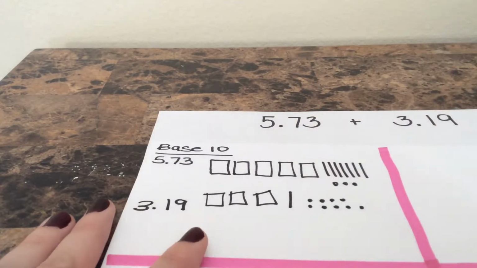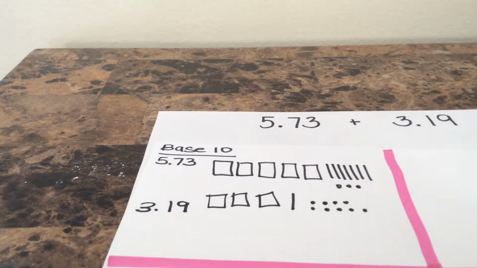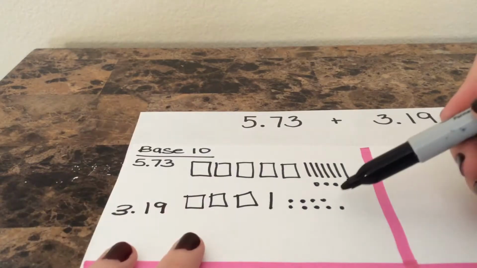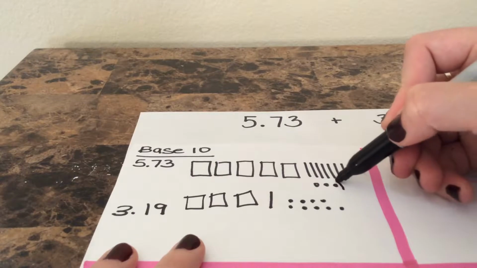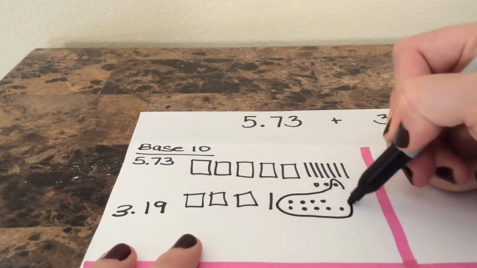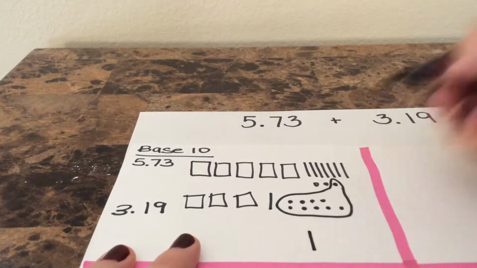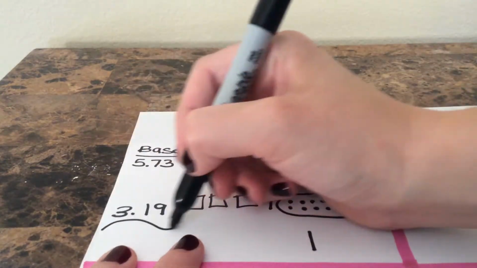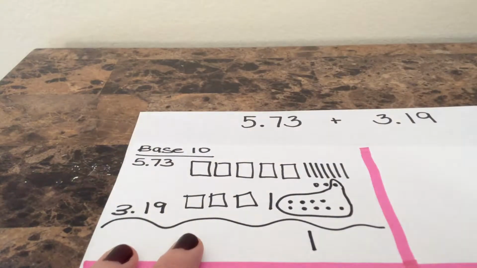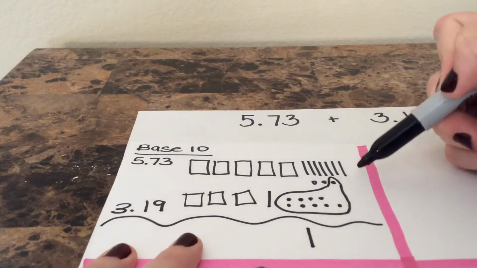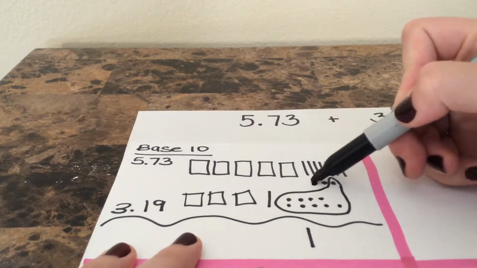All right, if we add them together, we are always going to start with the ones column, just as if we would in standard algorithm. So I have 9 here, so if I bring this little dot down, this forms actually a tenth. So I'm going to add it to the tenths column. So we'll separate this. This is as if this is our answer. Okay. Now we have 2 little unit cubes left.